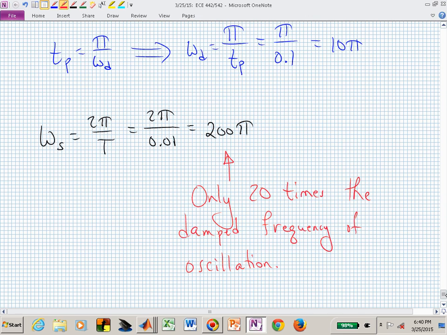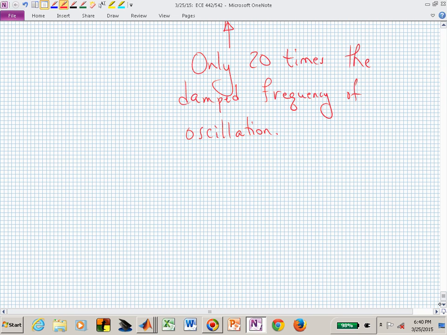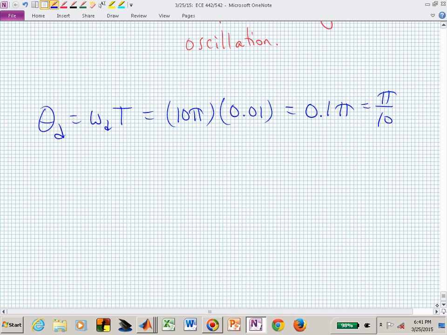Now, for that omega sub d, we can generate a theta sub d. Theta sub d is simply omega sub d times T. Omega sub d was 10 pi, T was 0.01. Theta sub d is pi over 10.